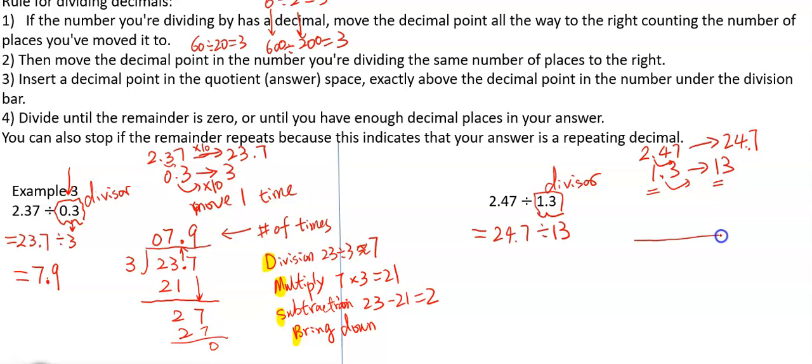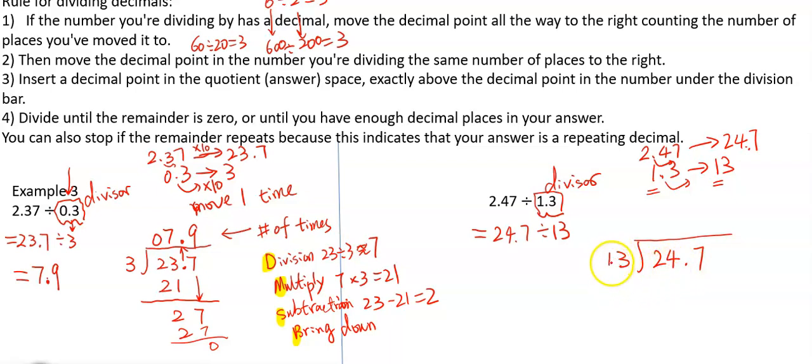Now we're going to set up the long division process. The first number goes in the box, the second number 13 on the outside of the box. So the process we're going to do is division, multiplication, subtraction, and bring down. So first division, which means how many times 13 goes into 2. Of course, it doesn't go into 2, so we're going to go ahead and look at 24.